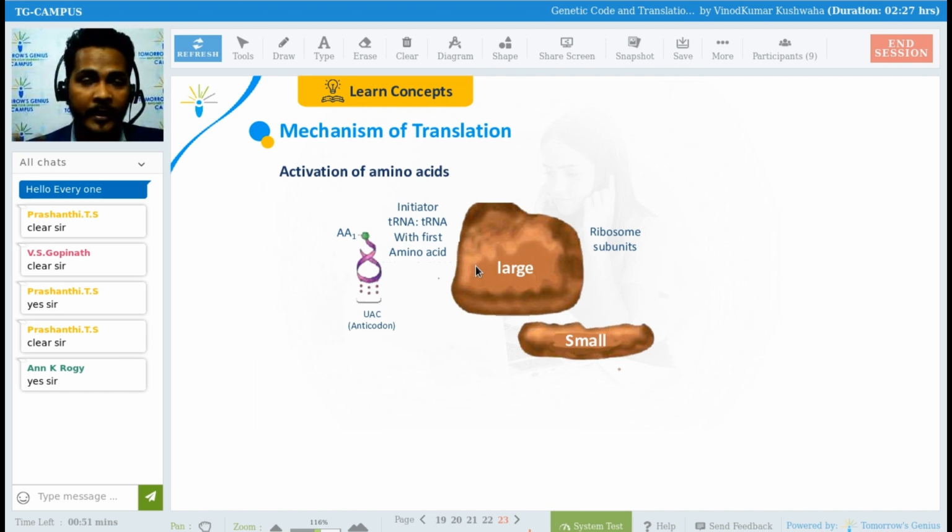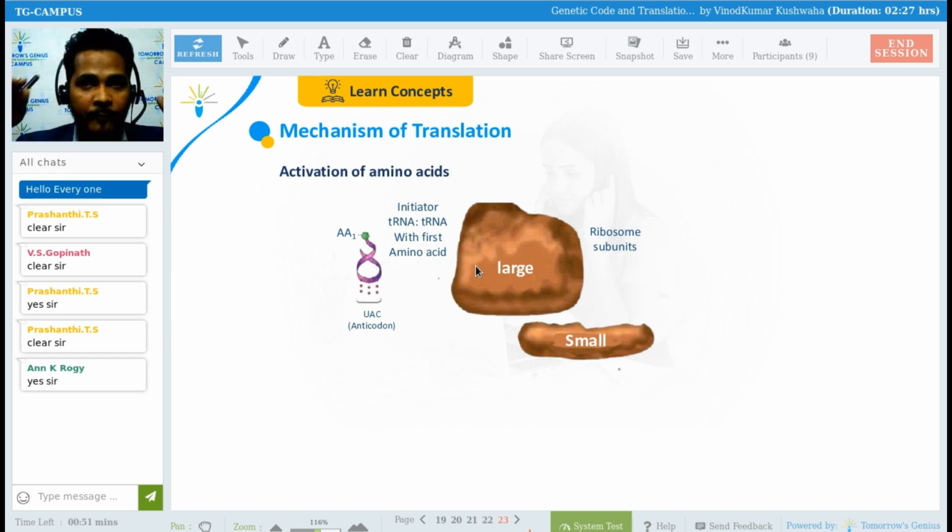Now let's understand the mechanism of translation. We are very clear about the basic ingredients, or we can say the basic machinery and tools, required for translation. Now let's understand the process.